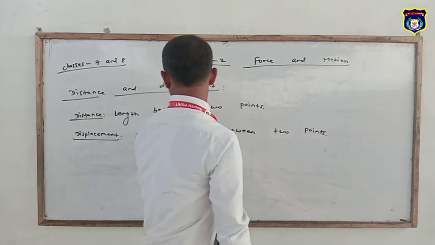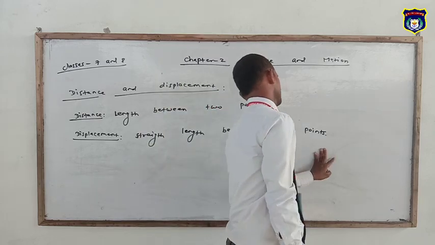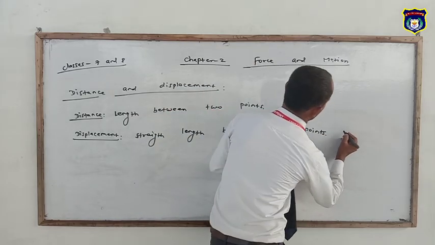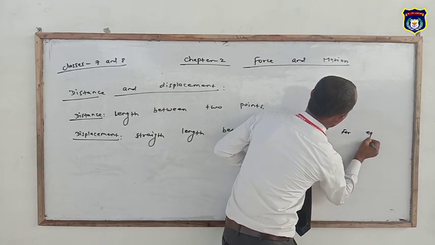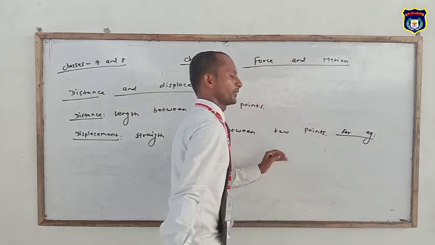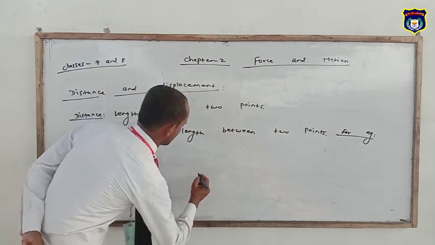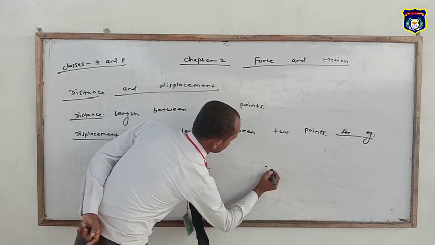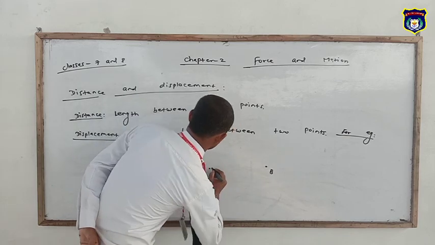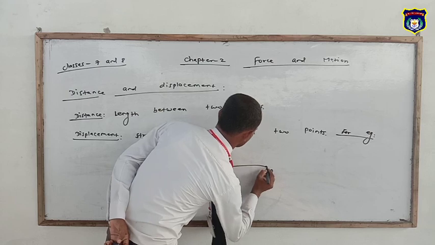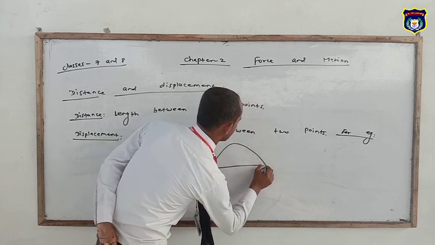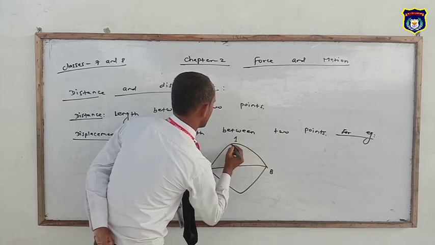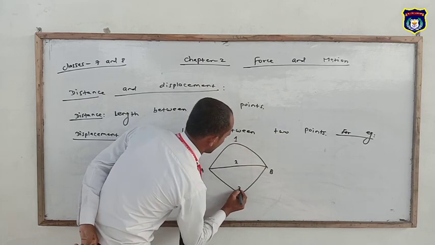Here I am going to draw a figure to understand both distance and displacement. For example, I am showing some paths between 2 points A and B. This is A and the other is B. This is path first, path second, and path third.